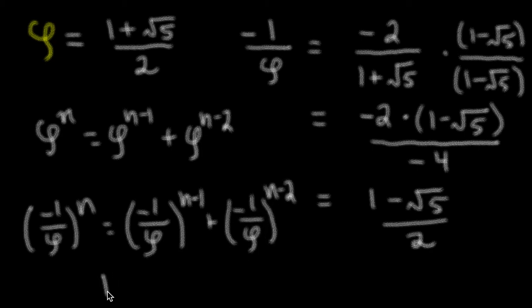And this is, of course, for n greater than or equal to 2. So this sort of gives us a hint for finding an explicit formula for the Fibonacci numbers. We see that any combination of phi and negative 1 over phi raised to the nth power will actually satisfy the recurrence formula for the Fibonacci numbers. So let's go into a little bit more detail.